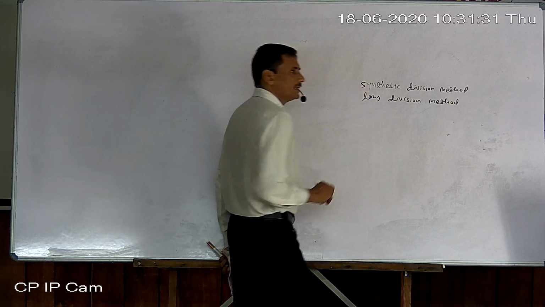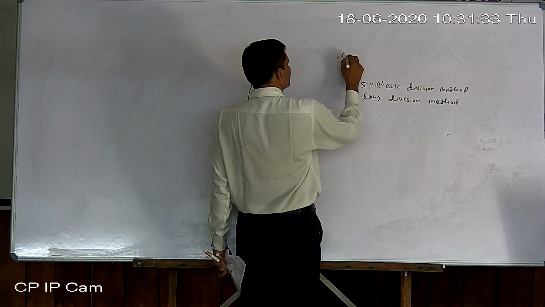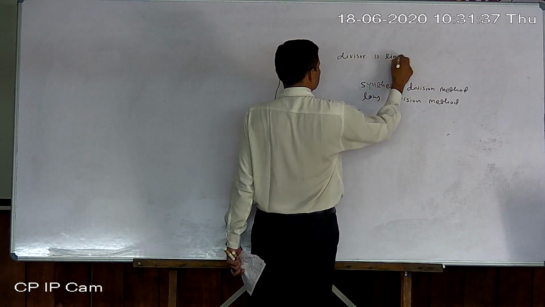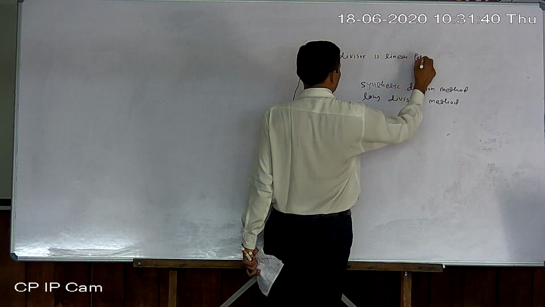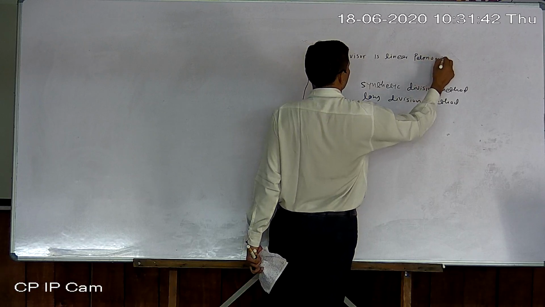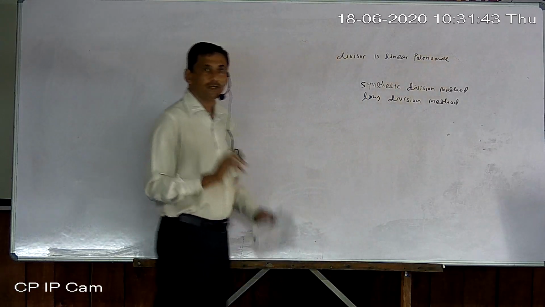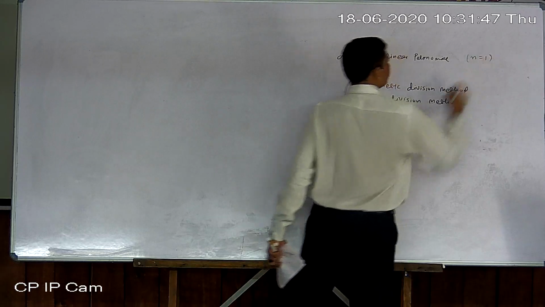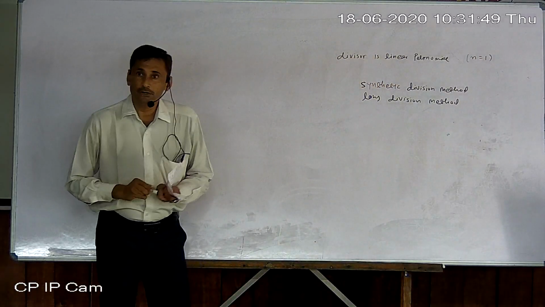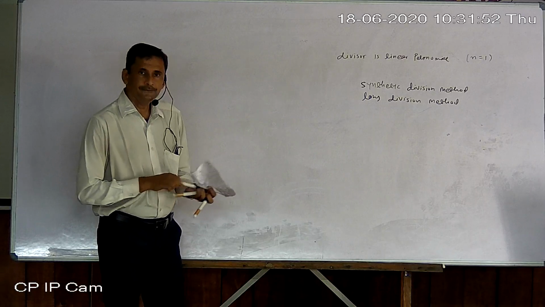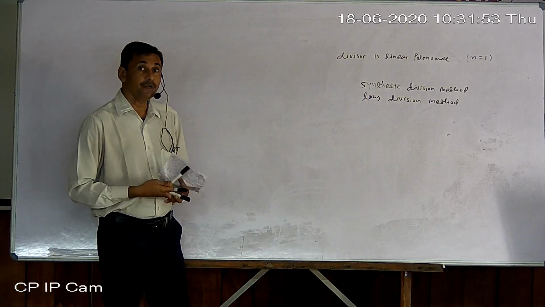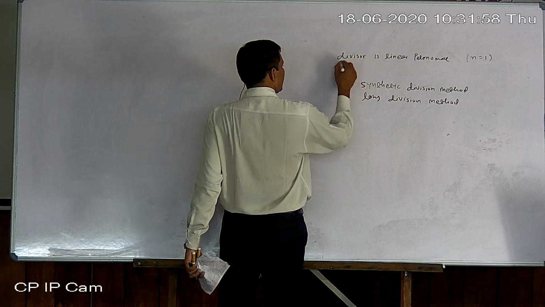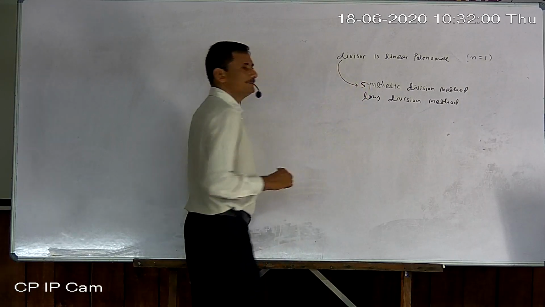Okay, if your divisor is a linear polynomial, what is meant by linear polynomial? You know, if the degree of the polynomial is 1, then that polynomial is called a linear polynomial. So again I tell you, if the divisor is a linear polynomial, then the synthetic division method is possible.